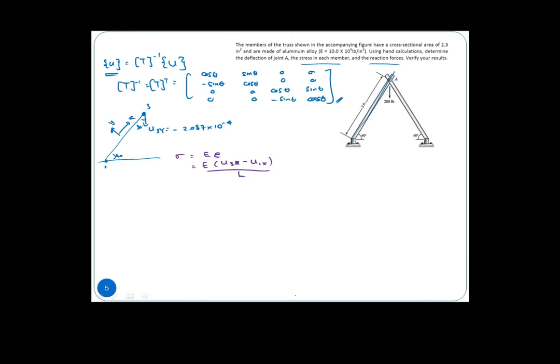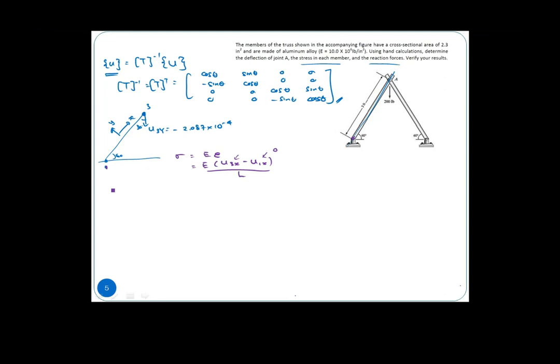So we need to find the u3x and u1x, and we know that this u1x is 0 along that particular member itself at node 1. Okay, this is node 1. So we need to find the u3x in local coordinate.